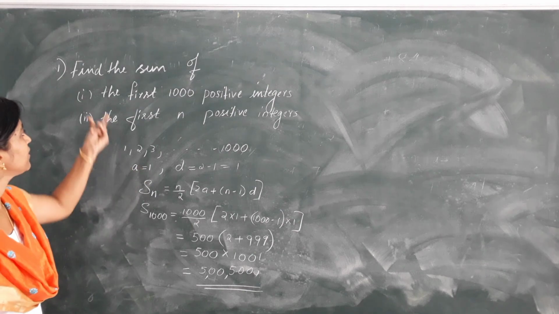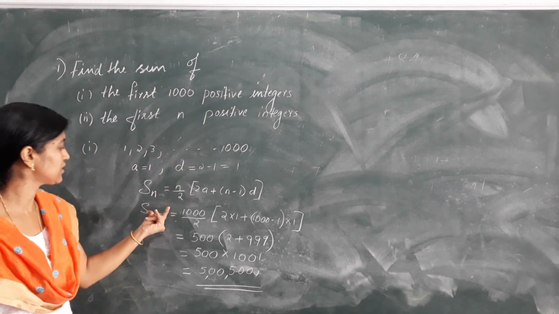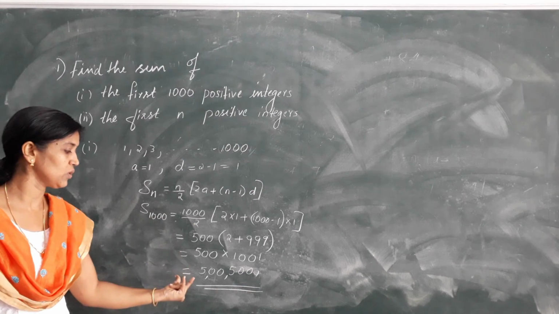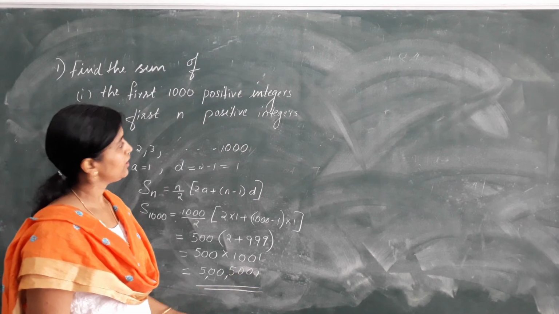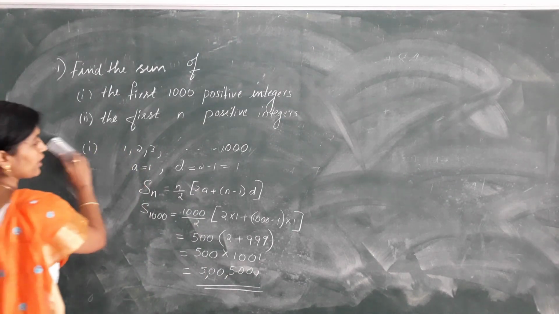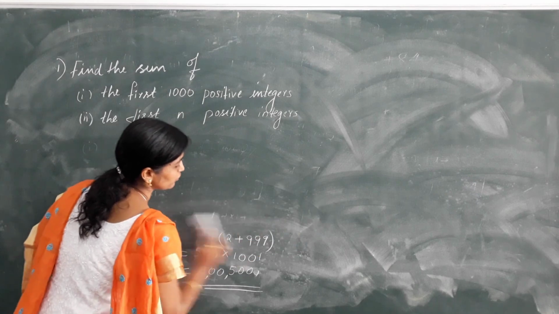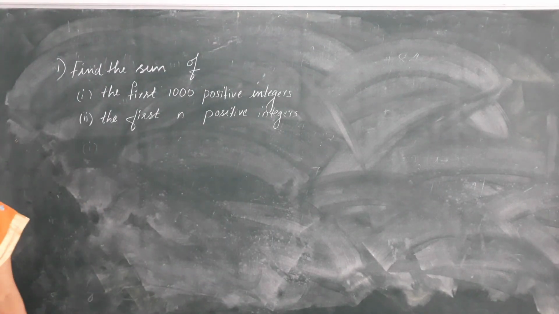Which means the sum of the first 1000 positive integers, S1000, is equal to 500,500. And in the second part of the same question, we are asked to find the sum of the first n positive integers.